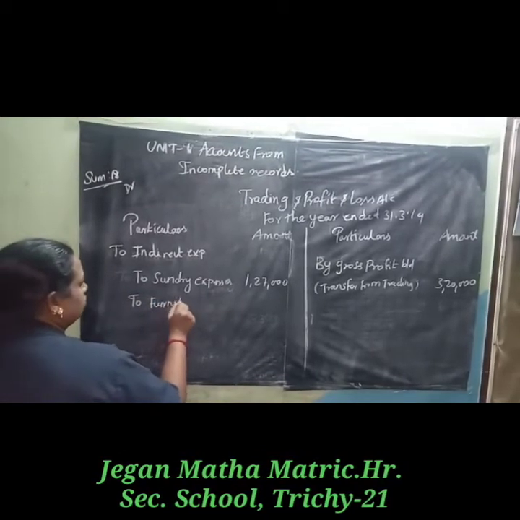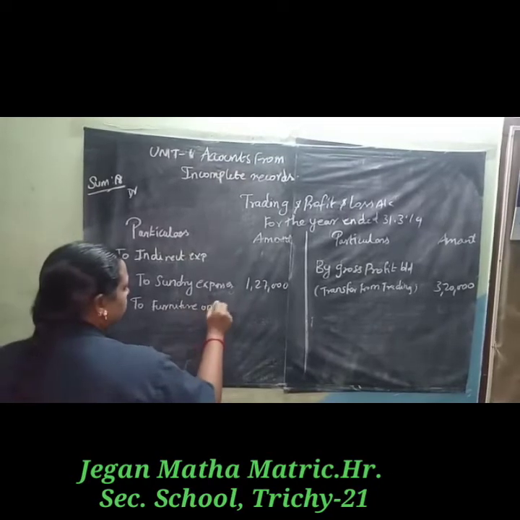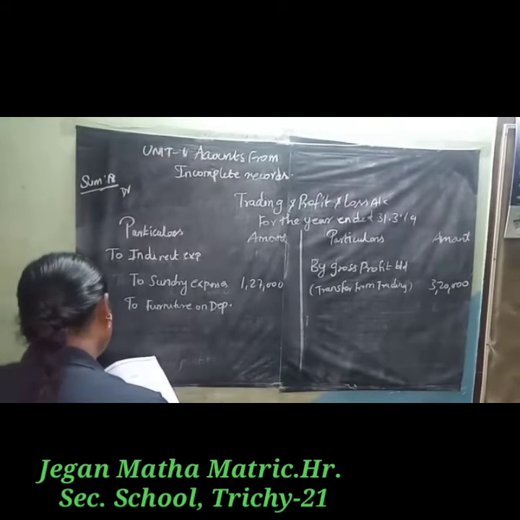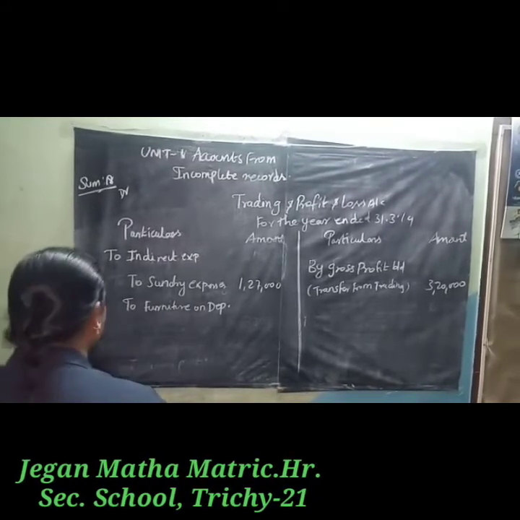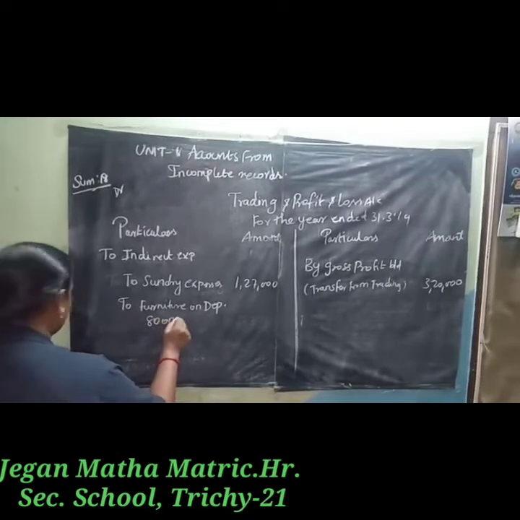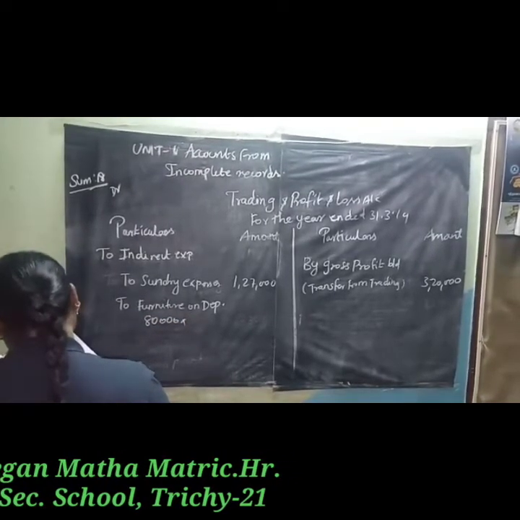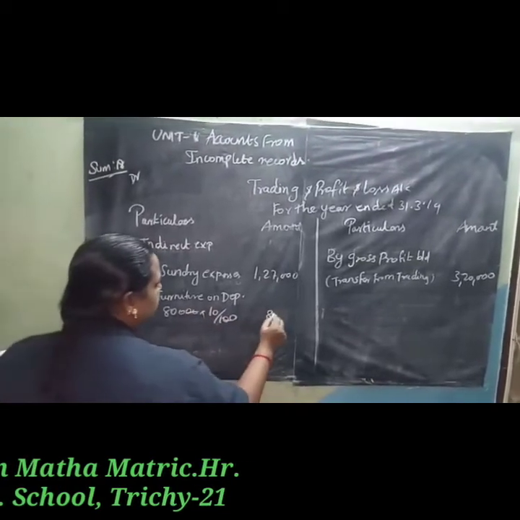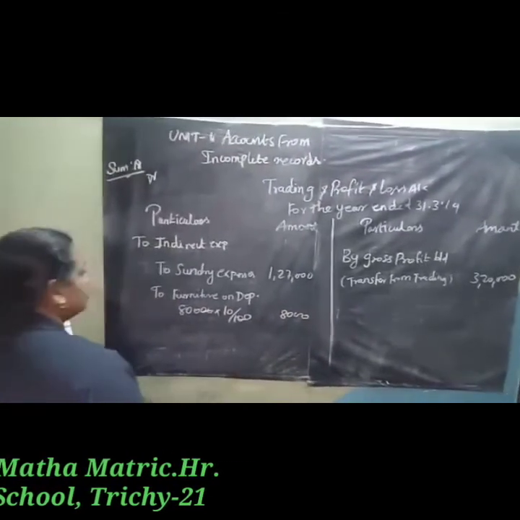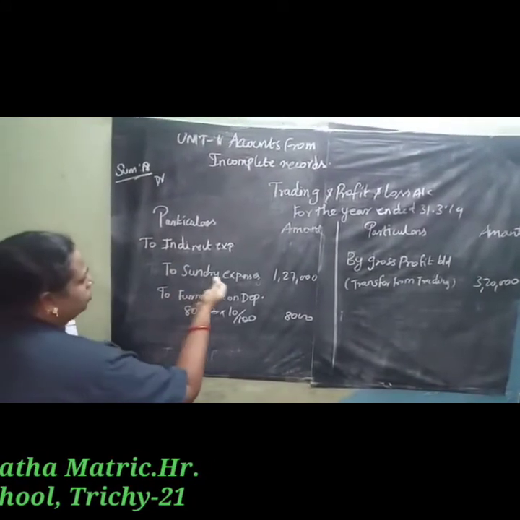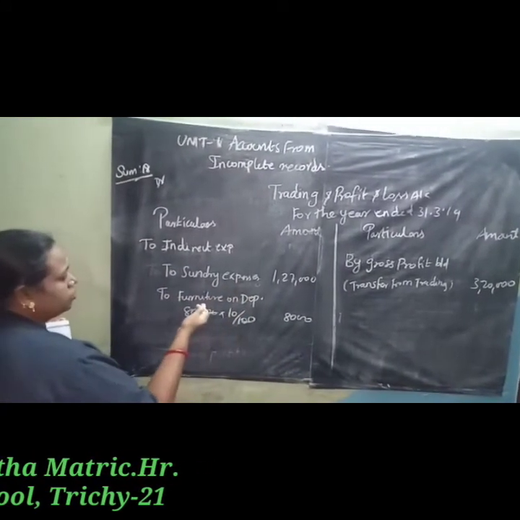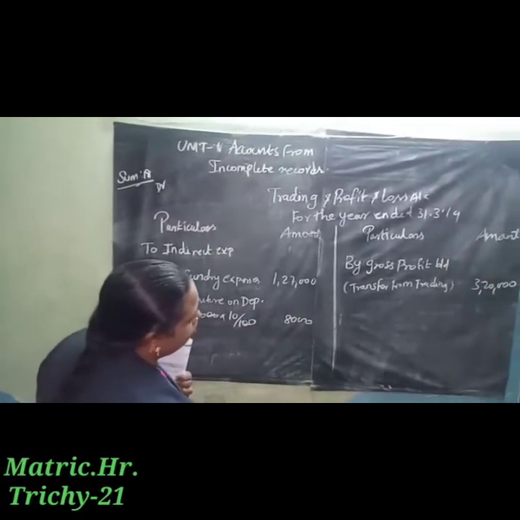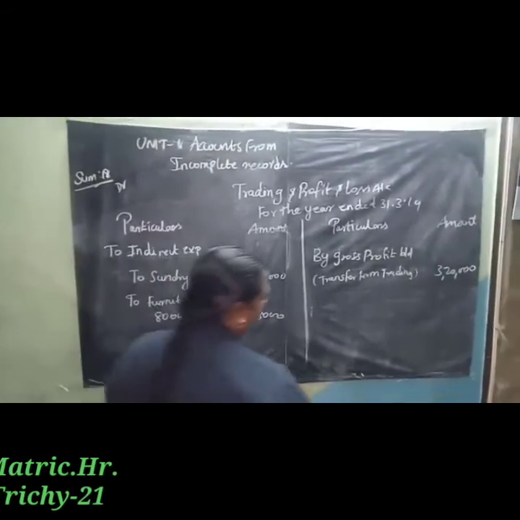Depreciation on furniture we have to find out. The closing furniture is 80,000. So 80,000 into depreciation at 10%, that is 10 by 100, so 8,000. So there are only two indirect expenses: sundry expenses and depreciation on furniture. On the credit side, gross profit only, 3,20,000. The credit side is more, 3,20,000. The debit side is 1,35,000.